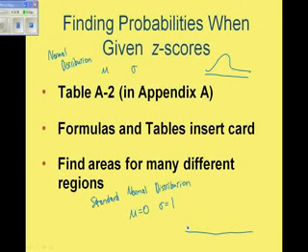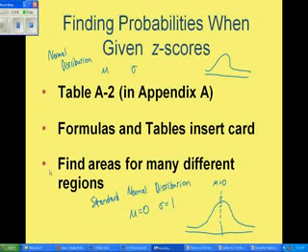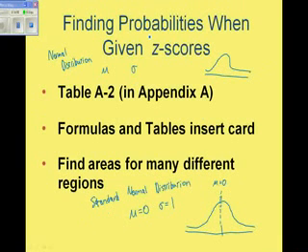So let me draw a picture of that. Here's the bell curve. And so right here in the center, that mean, mu, is 0. And when I say the standard deviation is 1, so the title of this slide says Finding Probabilities When Given Z-Scores. We've already studied Z-scores. Remember that a Z-score tells you how many standard deviations you are away from the mean.